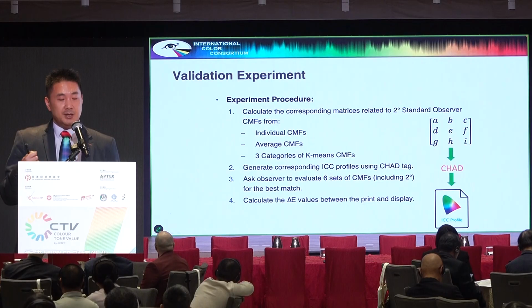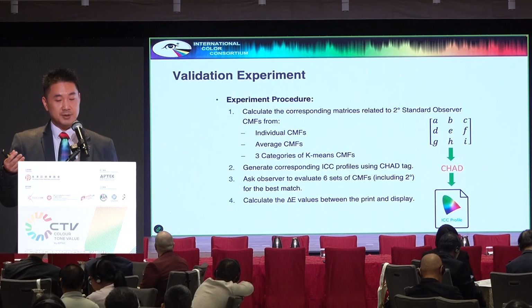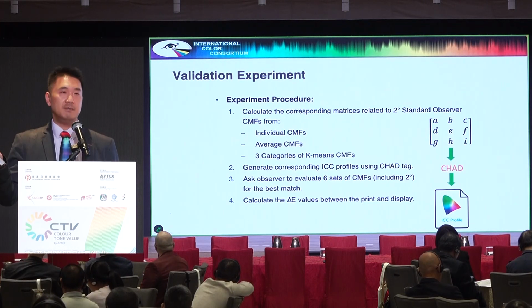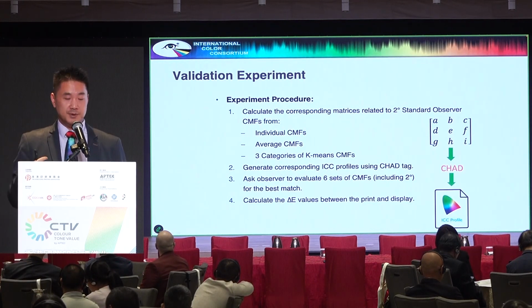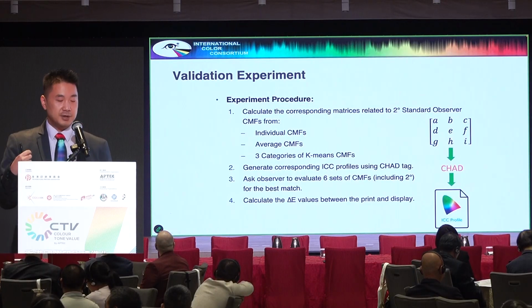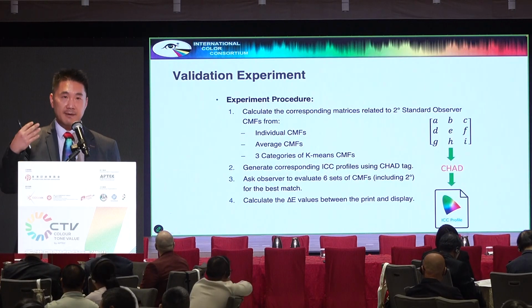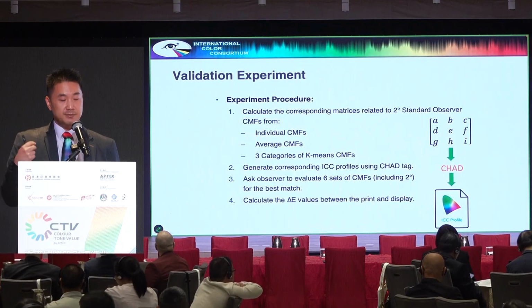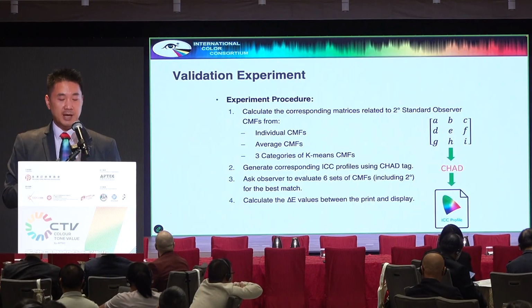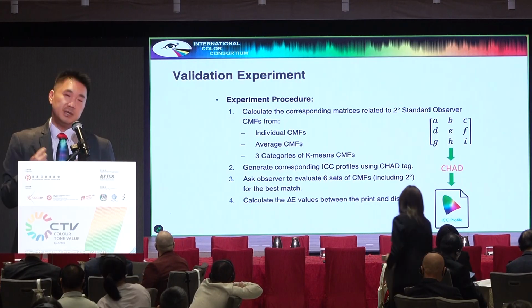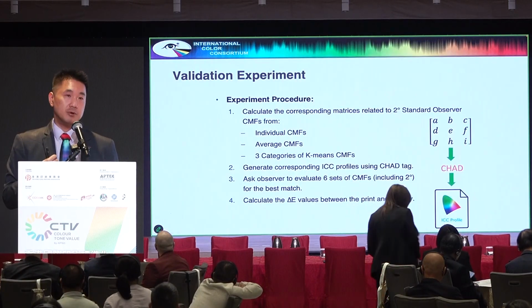We devised 5 sets of matrices: 1 matrix for each individual color matching function, so 45 matrices for all the observers, plus the average color matching matrix, and 3 categories for the k-means. And we put these matrices into our ICC profile.